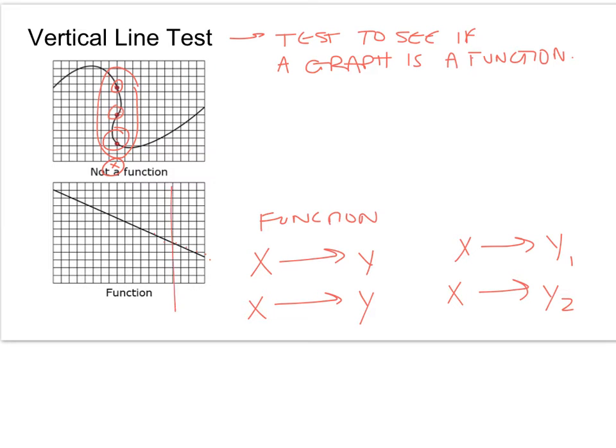Here, if I drew any vertical line, that would mean that any of these x's that I'm coordinating with only have one value that they correspond to in my y coordinate plane. Up here I've got 1, 2, 3 values, which is a problem. So the vertical line test, if you can put your pencil down on that graph, and you can see that if it's perfectly vertical, it touches 2 points, then it's not a function.